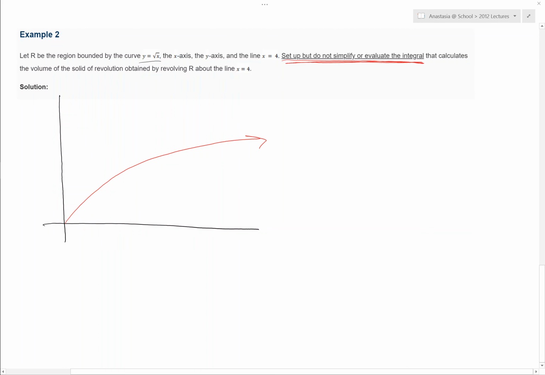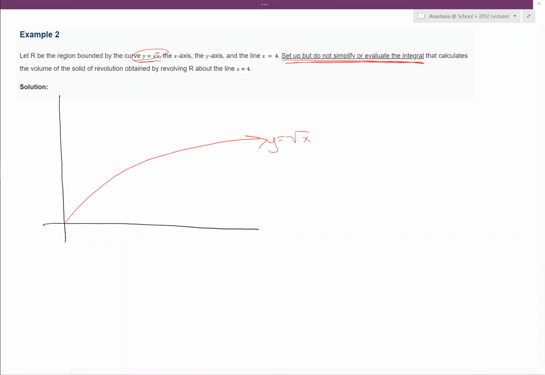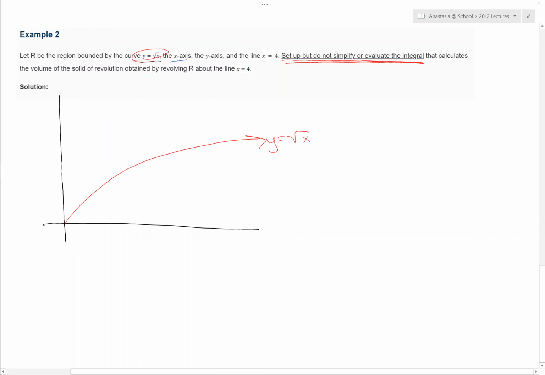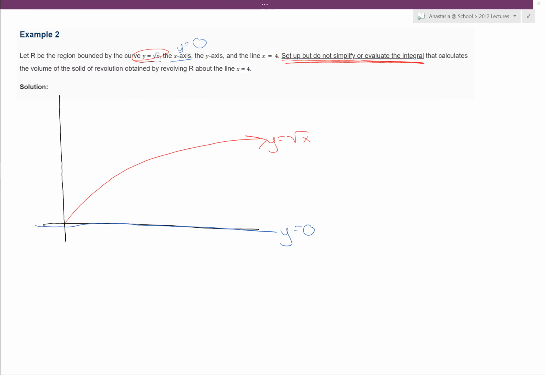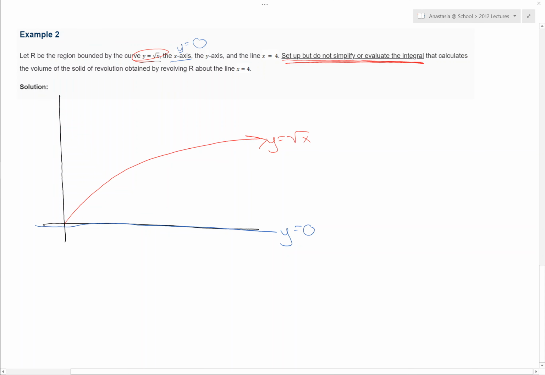That's going to look something like this. We have the x-axis, which is the same thing as y equaling 0. We have the y-axis, which is the same thing as x equaling 0. And we have the line x equals 4.